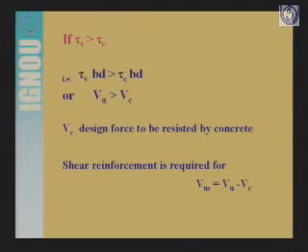It indicates that the shear force is more than the design shear force that an RC member can take at that section. Meaning Vu is greater than Vc, and you can easily find this out if you multiply both sides of this equation by bd. So tau v into bd will be greater than tau c into bd if tau v is greater than tau c.